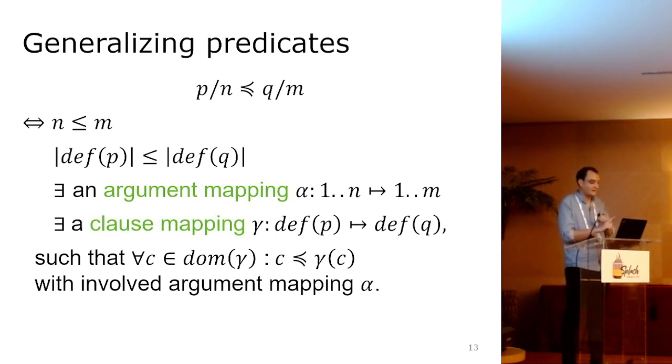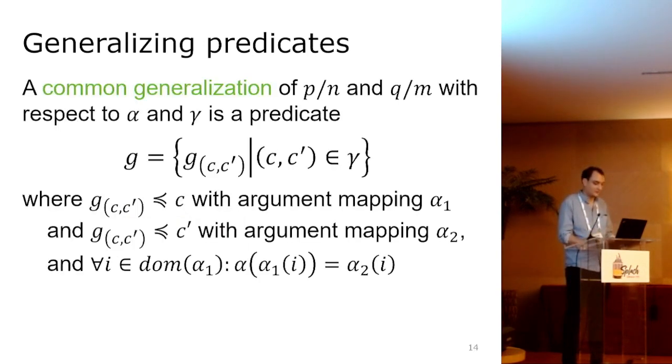We can permute them, but always for all the clauses the same. And quite naturally, we can now define a common generalization of two predicates with respect to an argument mapping alpha and clause mapping gamma as a simpler predicate where each of the clauses appearing in the predicate is more general than both the input clauses, with maybe different argument mappings, but such that these two argument mappings are coherent with one another.